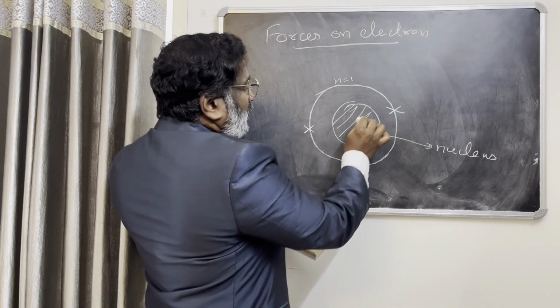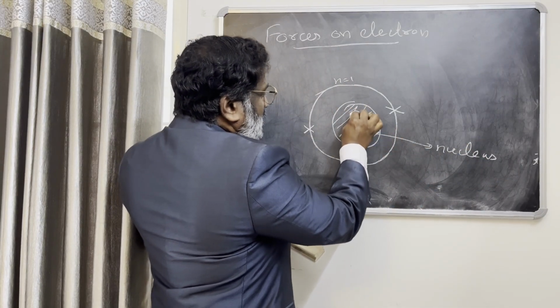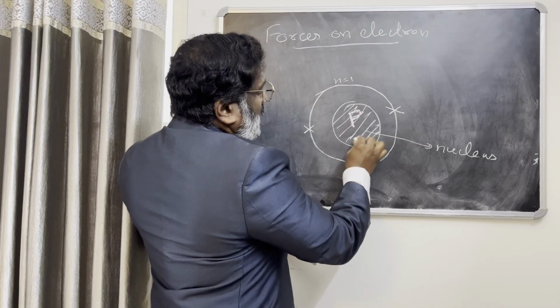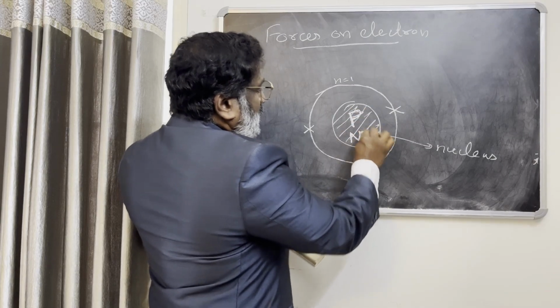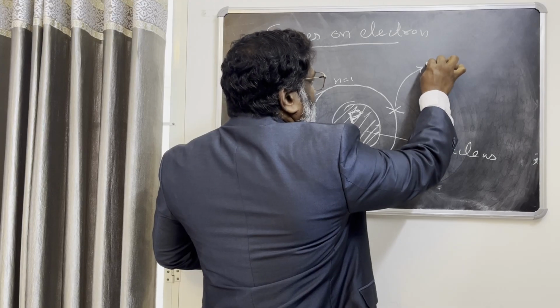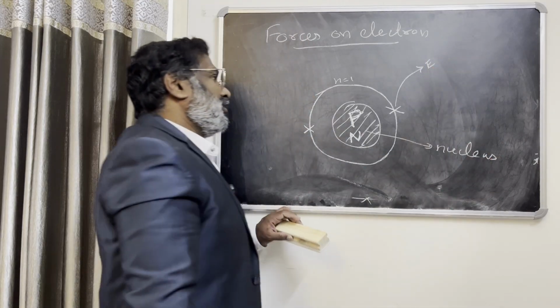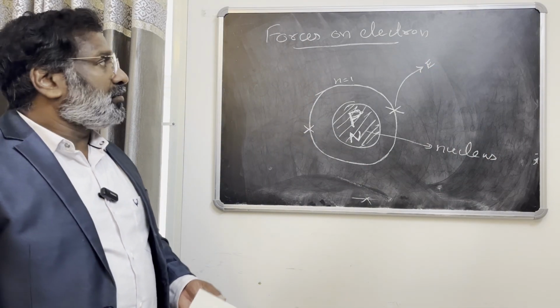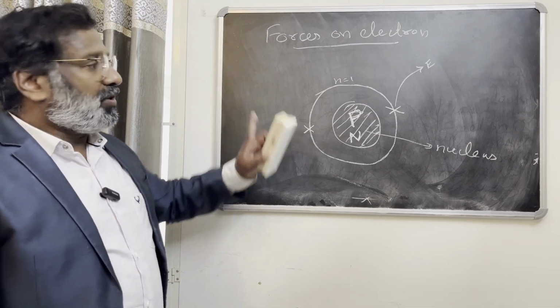The nucleus has protons and neutrons, and this denotes an electron. So what are the forces acting on the electron?